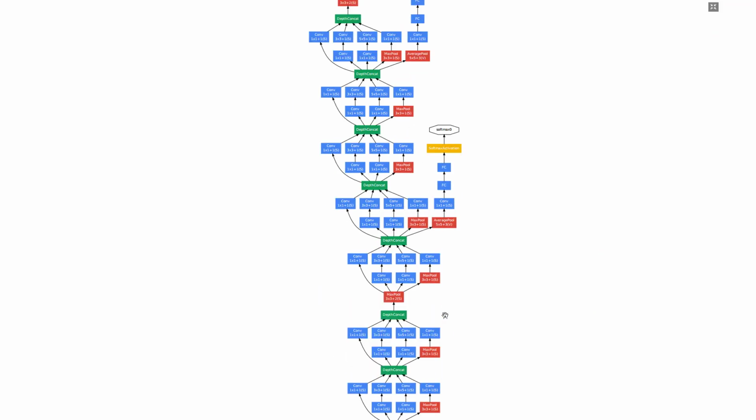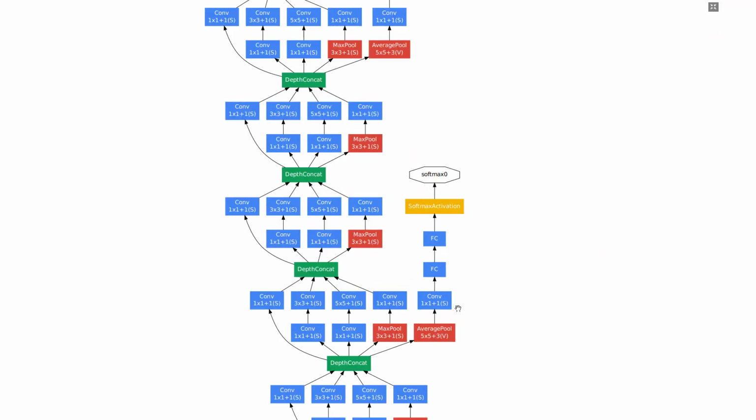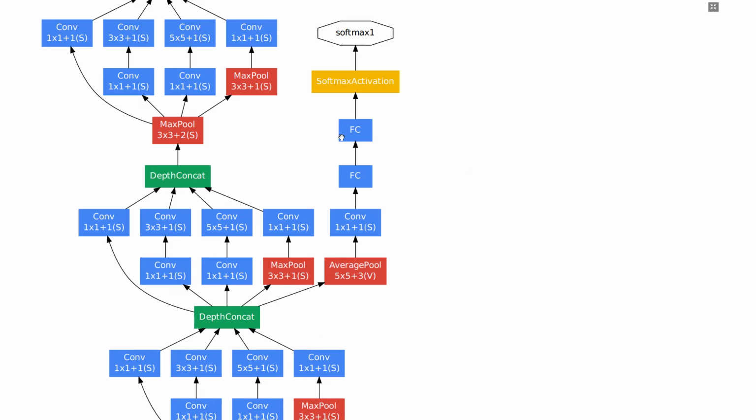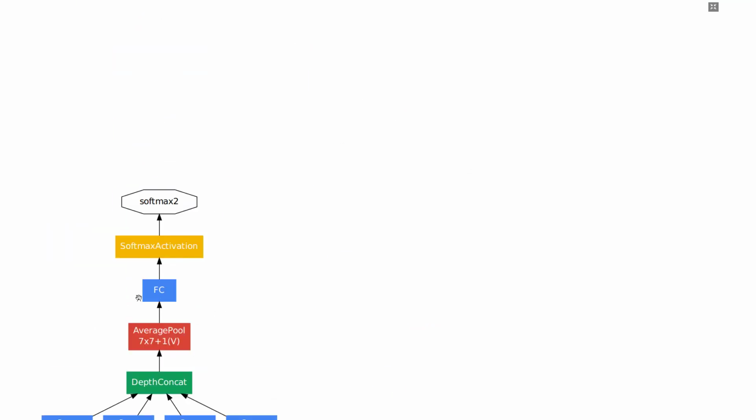And if you had noticed, there are also some auxiliary layers which have been added. So right here, after this concatenation, we have this average pool, conv layer, fully connected, and then the softmax activation. And this is similar to what we get at the output we have here.